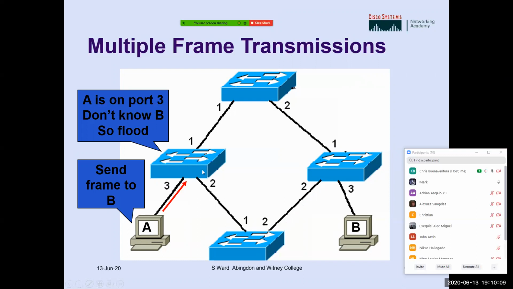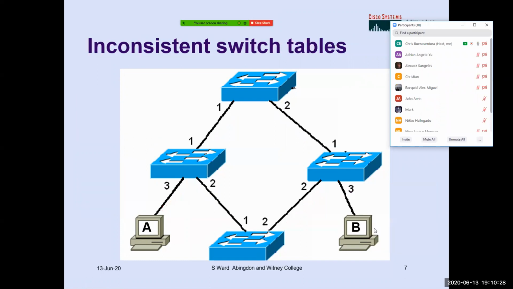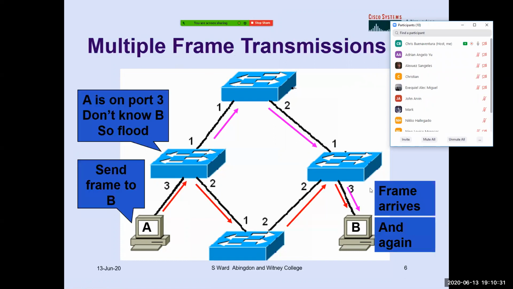And then, I don't know B. He's trying to reach this one kasi wala ditong MAC address record ni B. So, gagawin niya, magbo-broadcast siya. Broadcast hanggang ma-reach niya itong switch which contains MAC address of B. Once reached, the first frame arrive and then the second frame. Okay? So, yun ang problema. So, multiple frame.